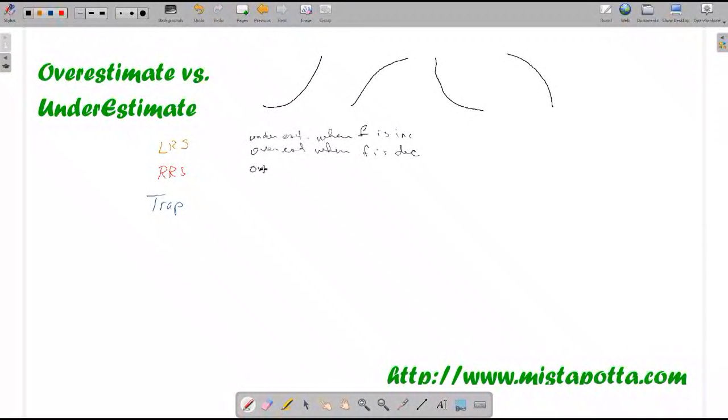We are an overestimate when f is increasing, and we're an underestimate when f is decreasing. So we've got this left-hand sum and right-hand sum pretty well figured out.